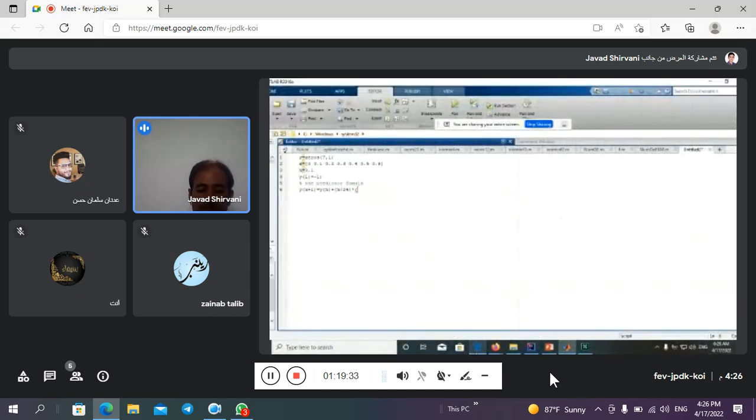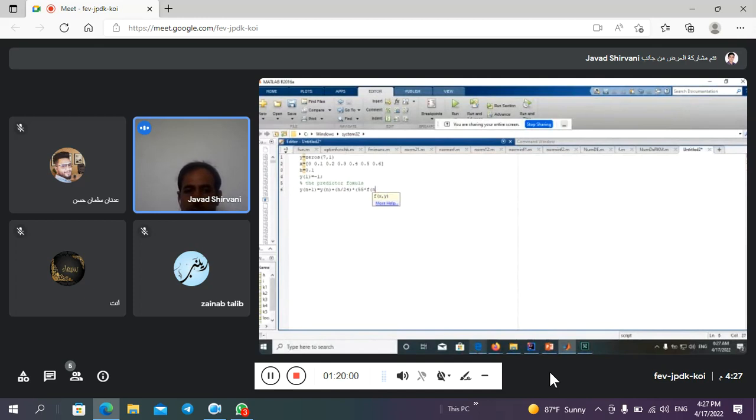55 fn, 55 f of xn comma yn. F here is a differential function.